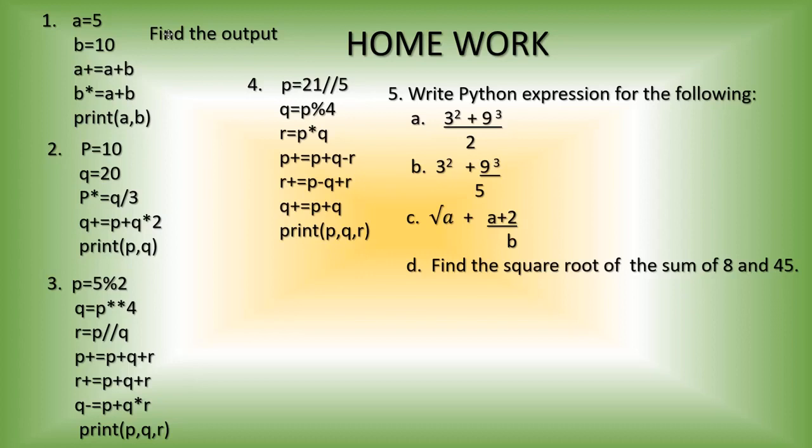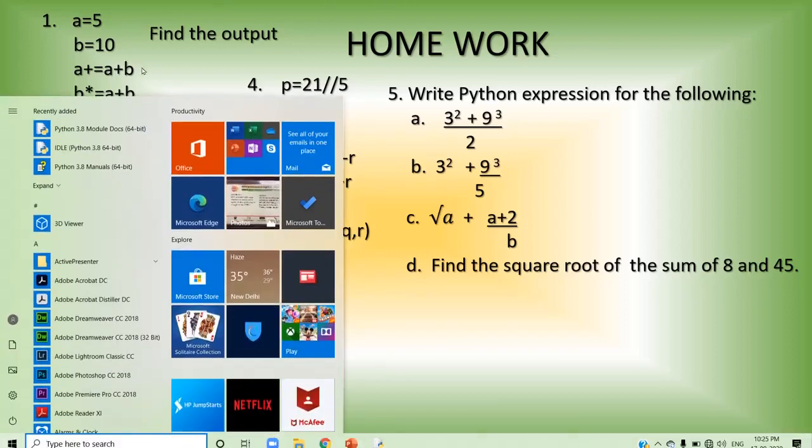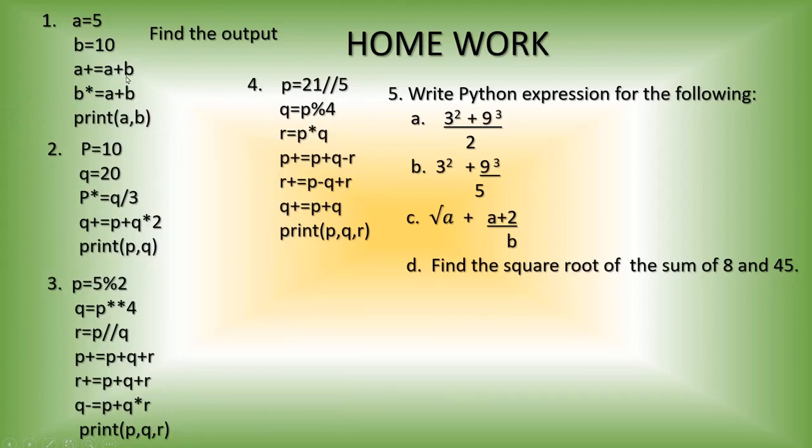In the first expression, a will be 20. One more time I'll explain. Here this is a equal to a plus b. A plus b means 10 plus 5, 15. 15 plus again 5, that is 20. So a becomes 20 now.